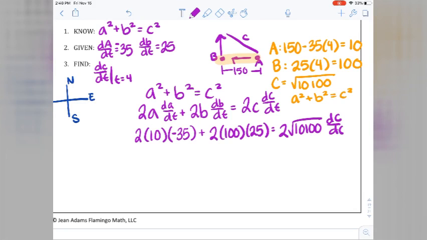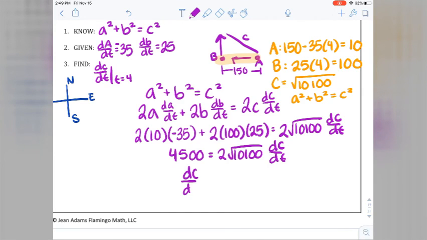dC/dt. So now we should get, let's see, 2, I am using the calculator, times negative 35 plus 200 times 25, 4,500 equals 2 square root 10,100 dC/dt.